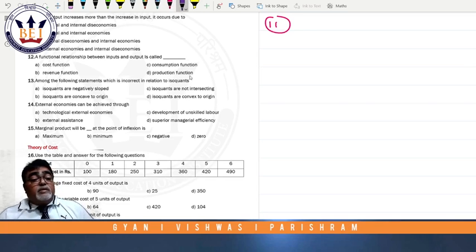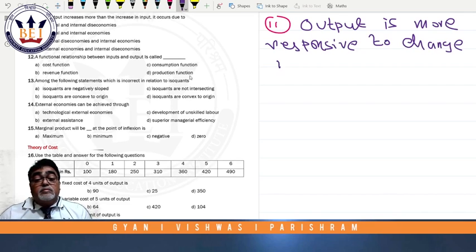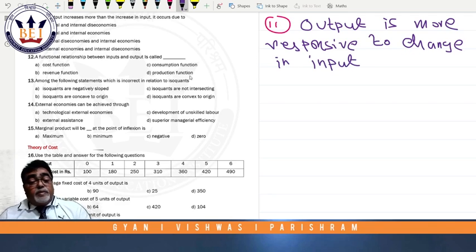When output increases more than input increase, so output increases more, means output is more responsive to change in input. I repeat, beta, output is more responsive to change in input.